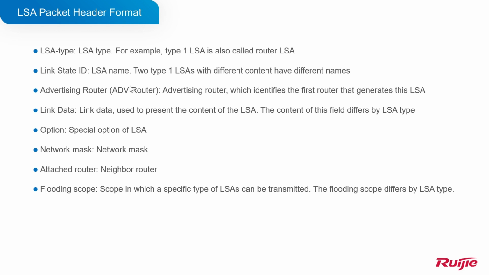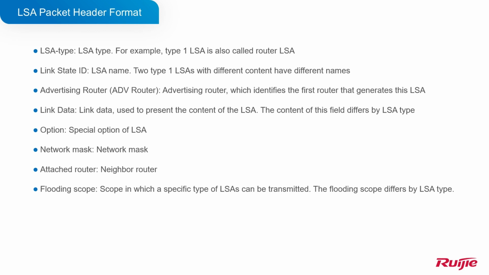And next is the link state ID. It's the LSA name, so we can say for the same type, take two type 1 LSA information. If the link state ID is different, it means the content is different. Okay, and the third is the advertising router, and we can simplify it as ADV router.